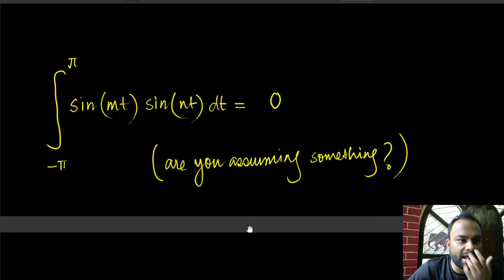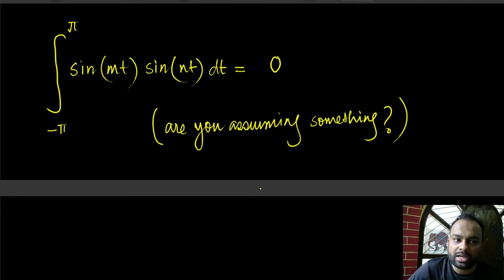We have just derived this, but are you assuming something without telling me while doing the integration? Apart from the fact that m and n are both integers, those assumptions are given.